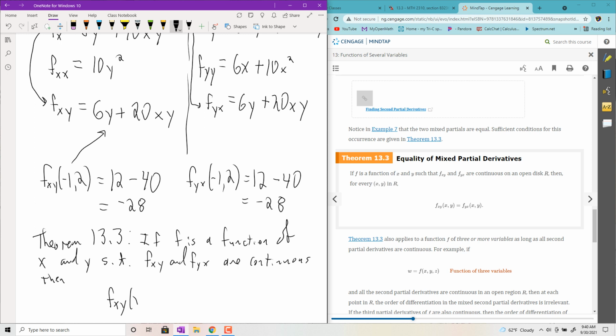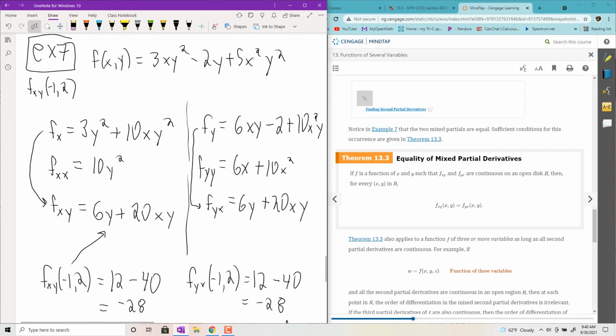So fxy of x, y will in fact equal fyx of x, y, just like we saw in the previous example, right? This guy is the same as this guy.